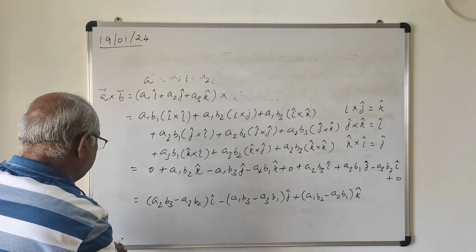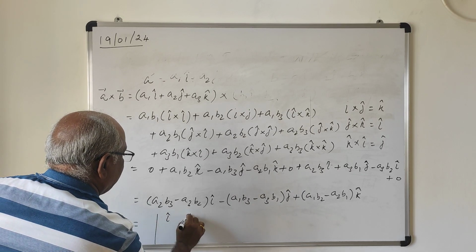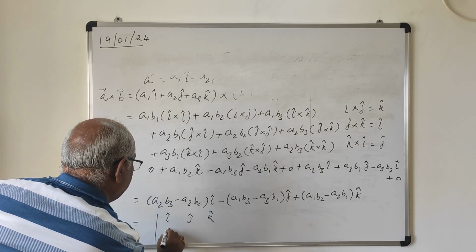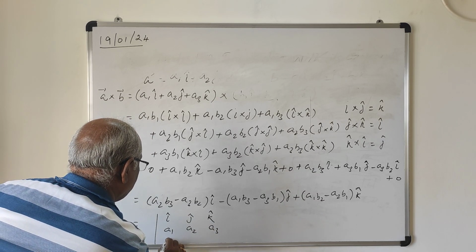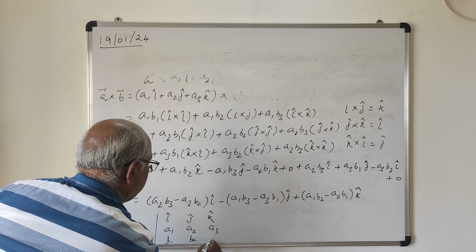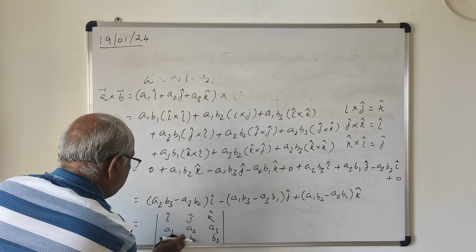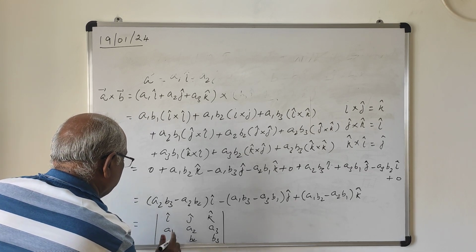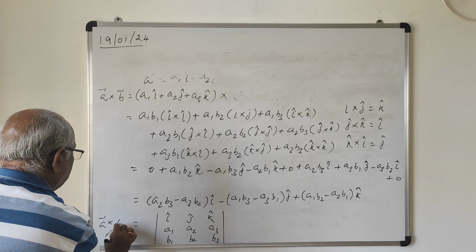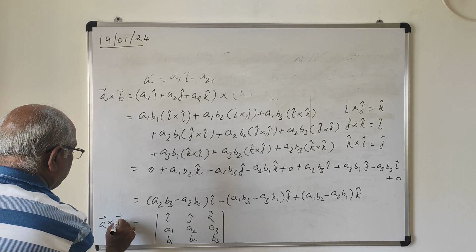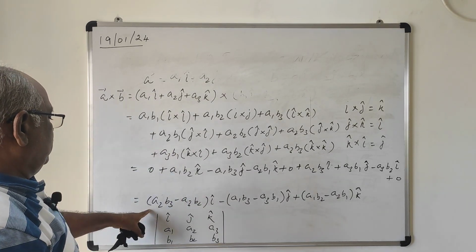I can simply call this the determinant I, J, K, A1, A2, A3, B1, B2, B3. This is the value of A cross B if its components are given, because this expansion we have derived from A cross B.